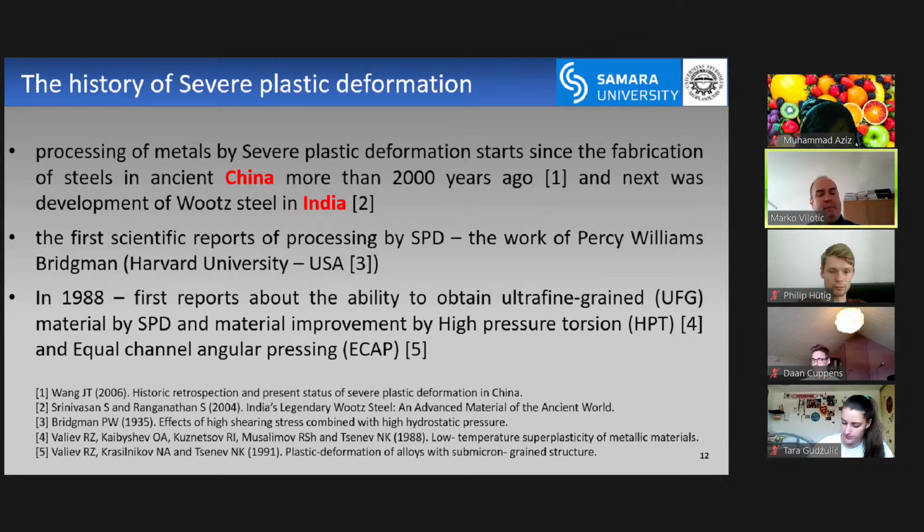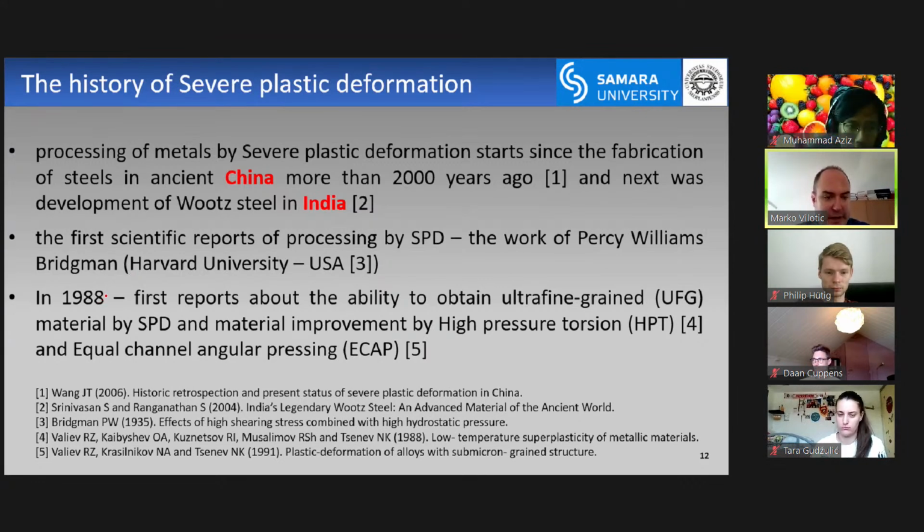But of course, at that time, they didn't have proper microscopes so they could analyze. The first scientific reports on SPD were done by Percy Williams Bridgman. He received a Nobel Prize for his work. He actually invented one SPD method, but he didn't utilize it fully. We will speak about it later.